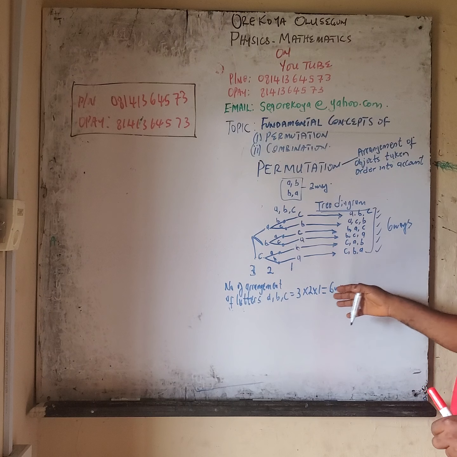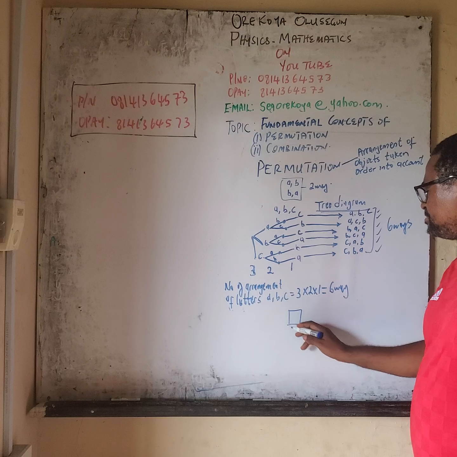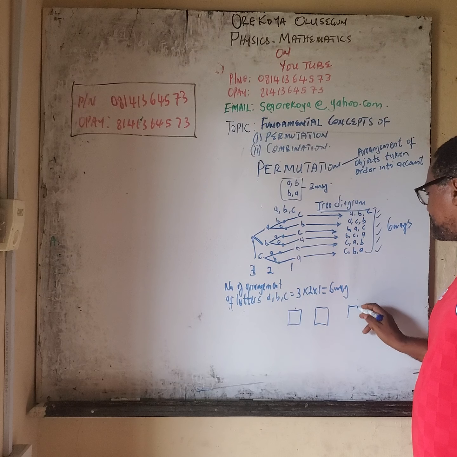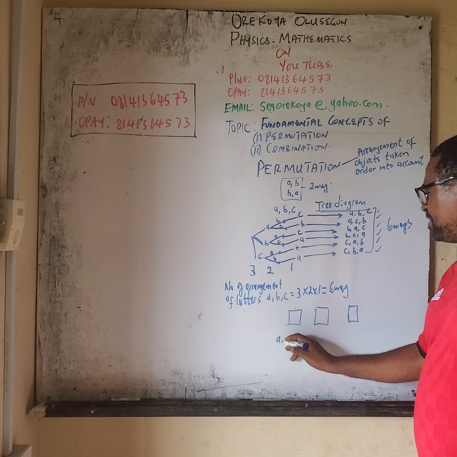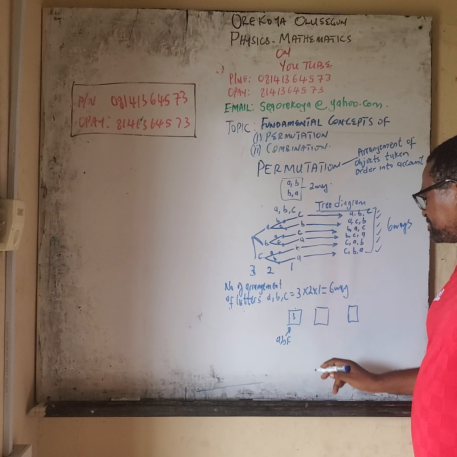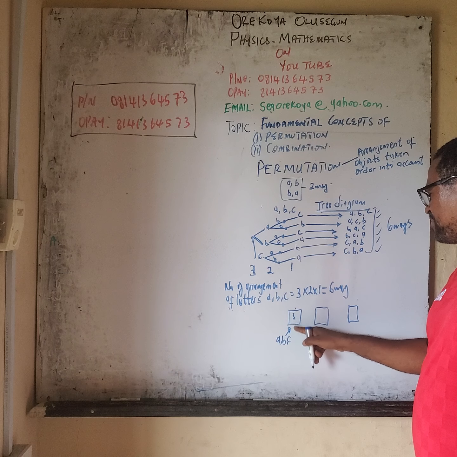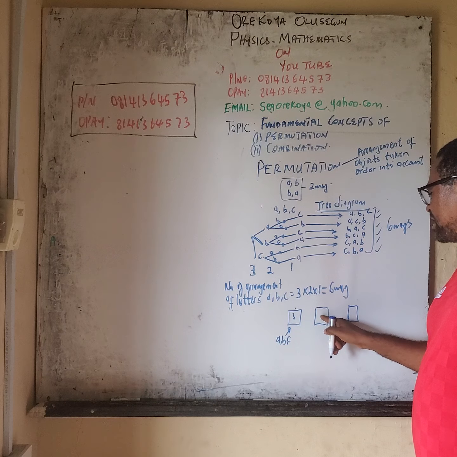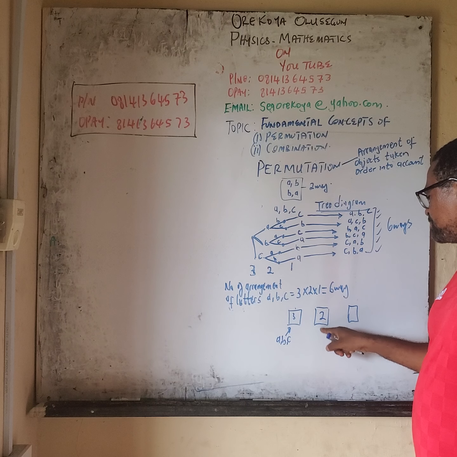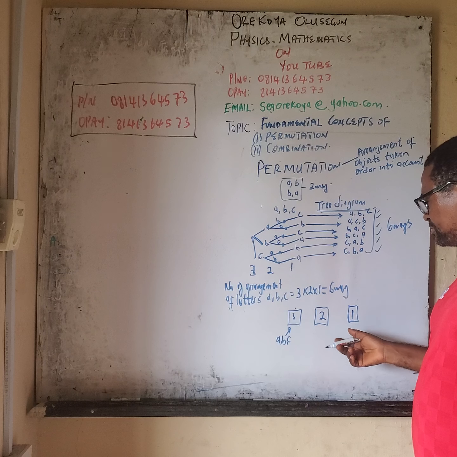Now, another way of showing this arrangement is this. Let's say I have boxes based on the 3 letters that I have here. Any of A, B, C will occupy the first place, so 3 ways. After one has occupied, only 2 remain to occupy the next place, so I have 2 ways here. After one of those 2 has occupied, then I have 1 way here.